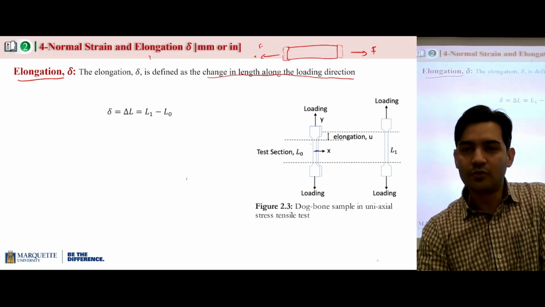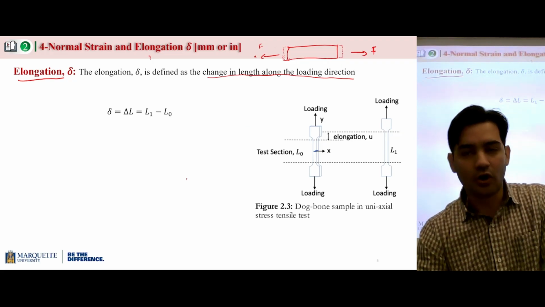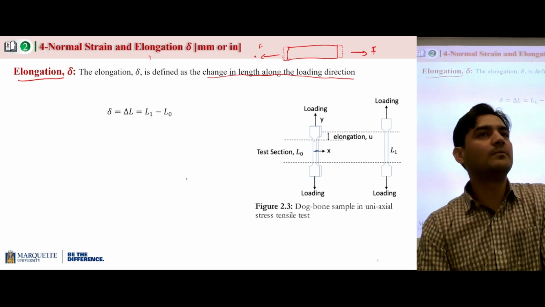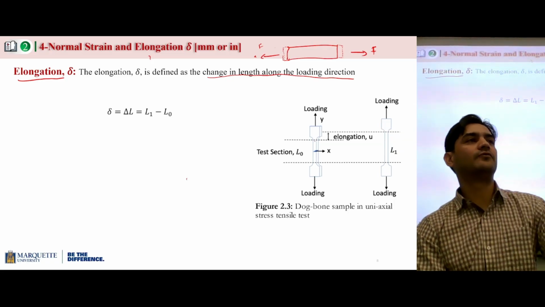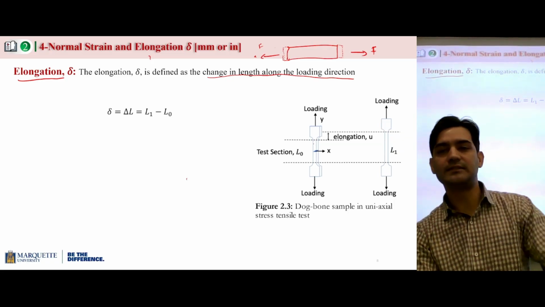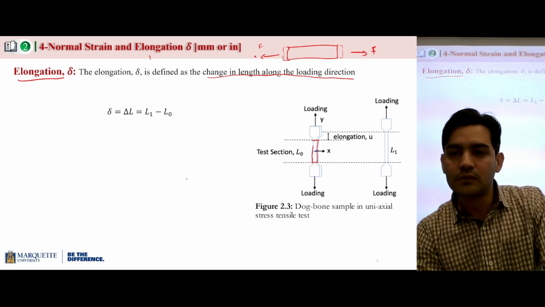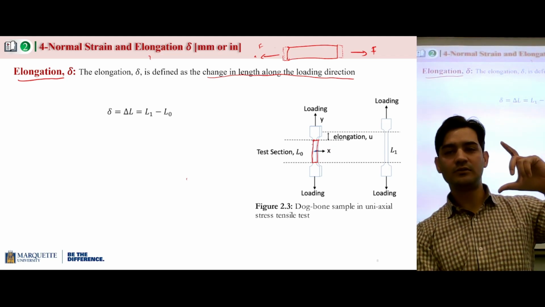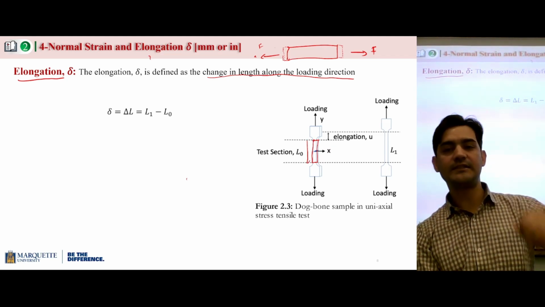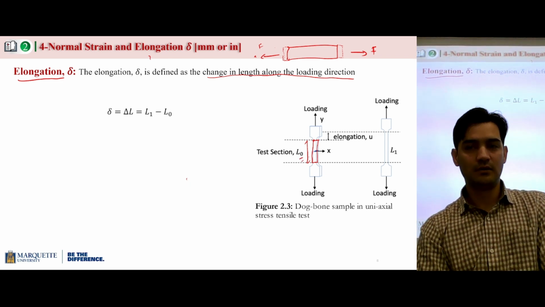For example, if you see this dog bone sample, it is a sample cut out from any material so that you can do some testing. All we will focus on is this part. The original length of this testing sample is L naught.